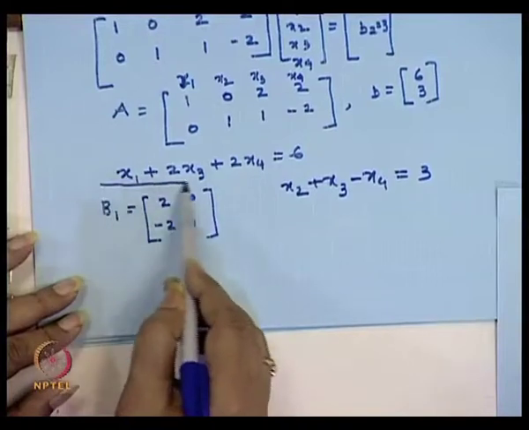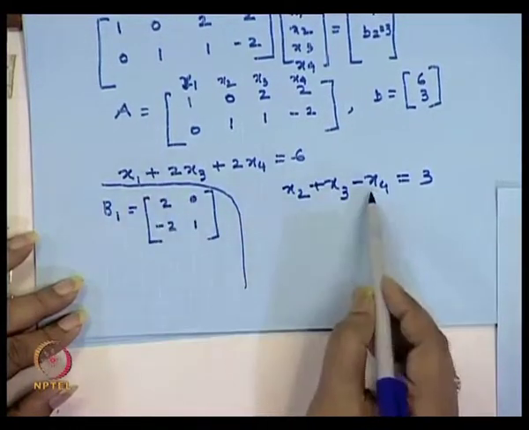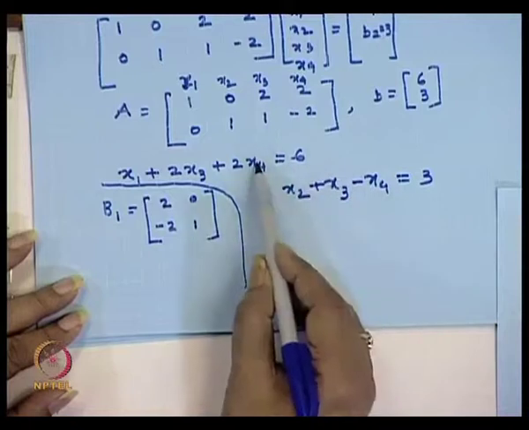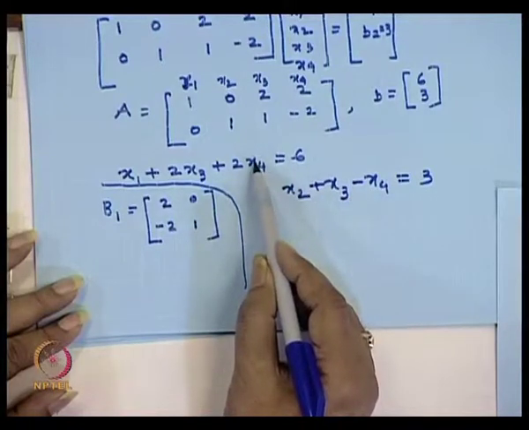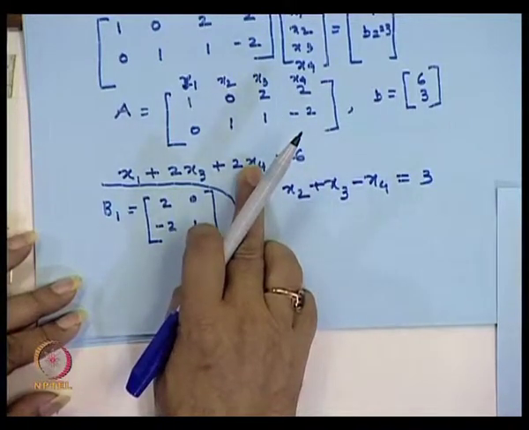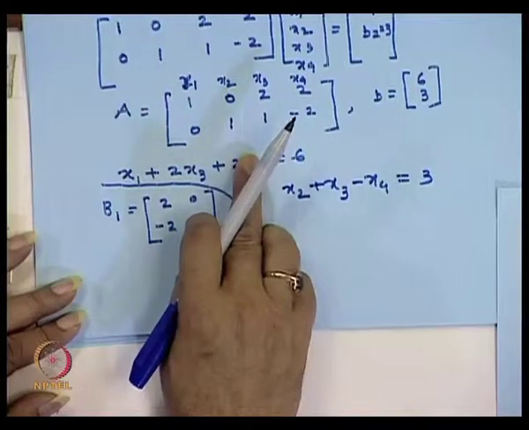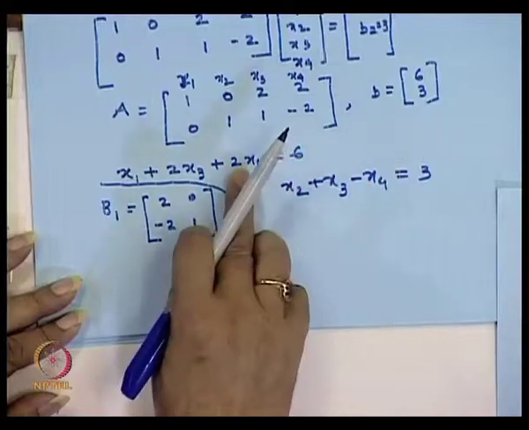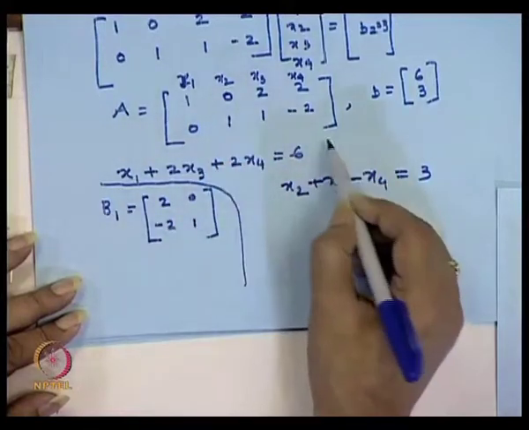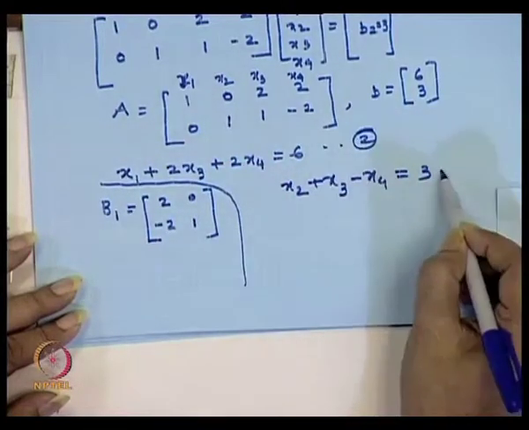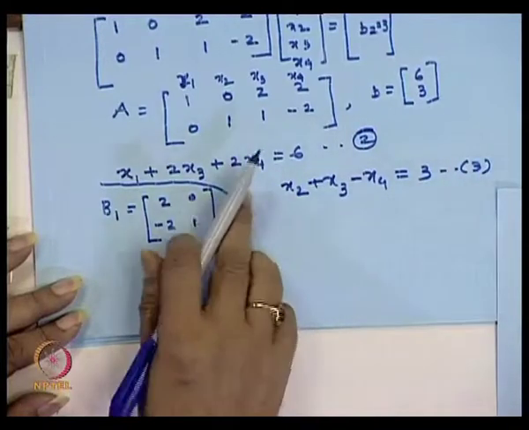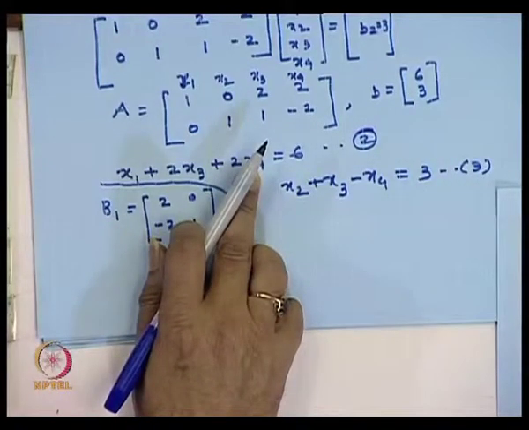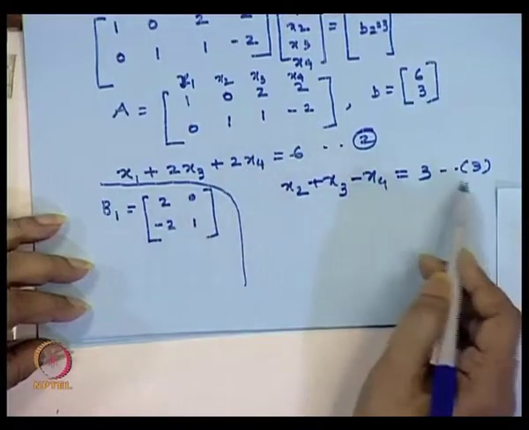Okay? Just see this one. What you have to do, I have to consider x 4 as a basic variable. x 4 is involved in equation 2 and equation 3.